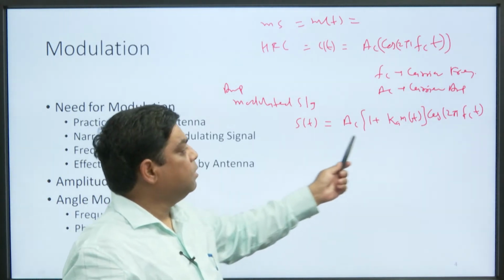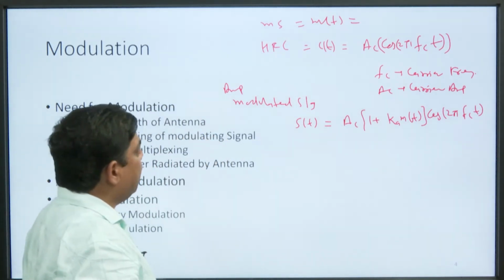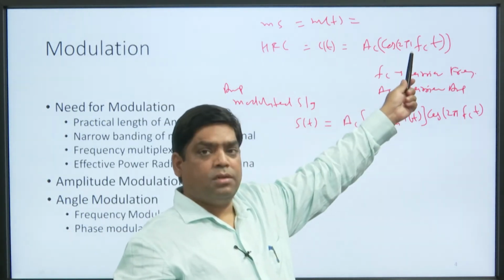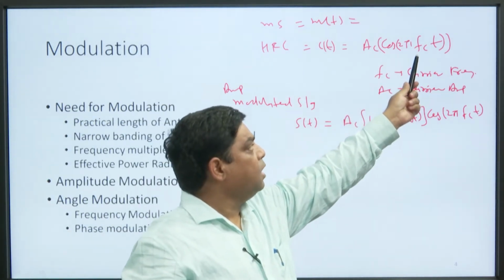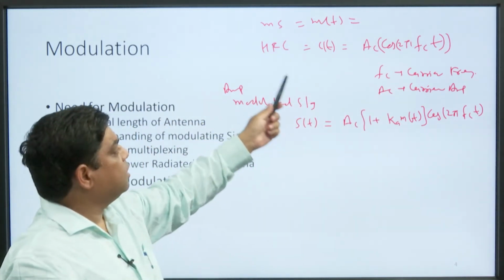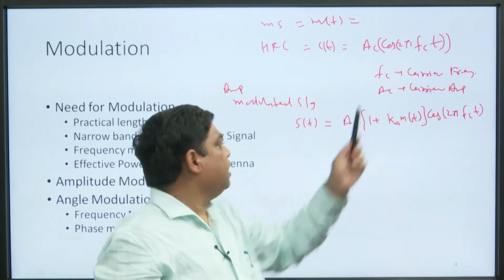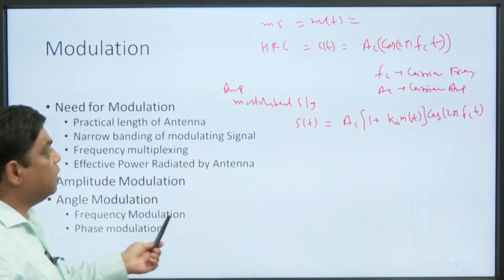it amplitude modulated. And similarly, if its frequency is changed as per the amplitude of the modulating signal, if you are changing frequency of carrier, then it becomes a frequency modulation.